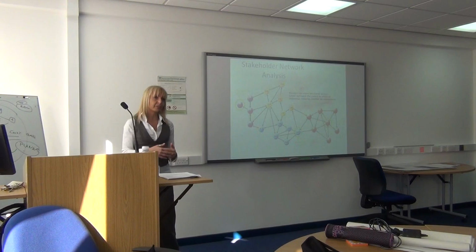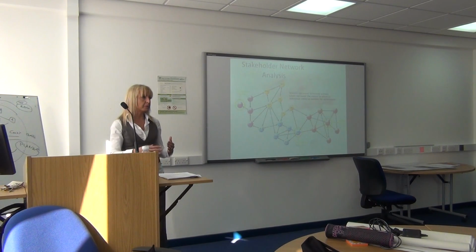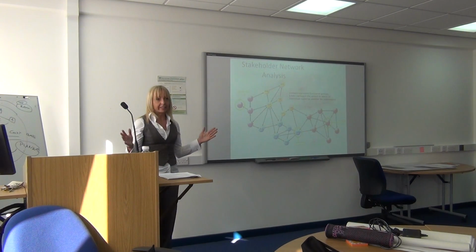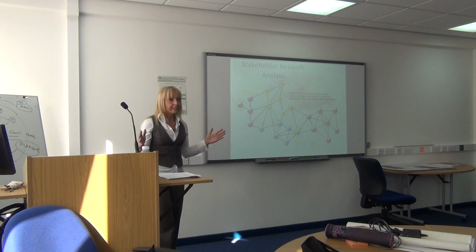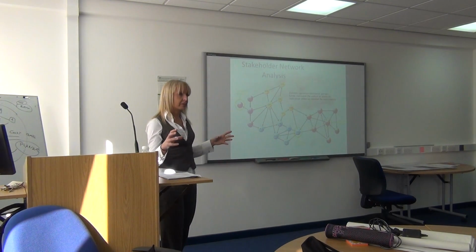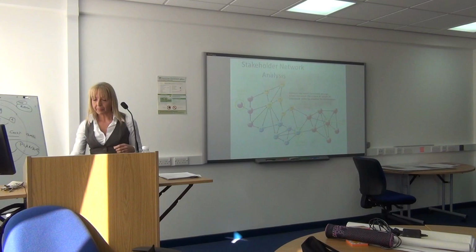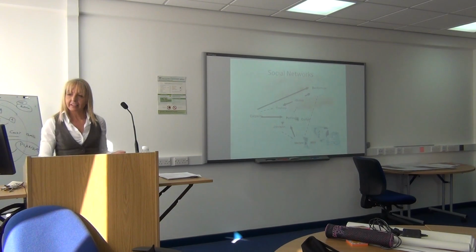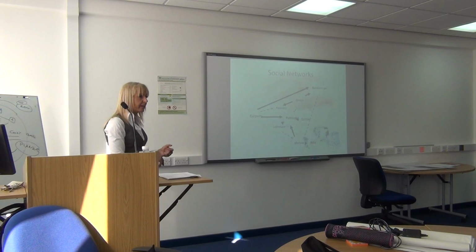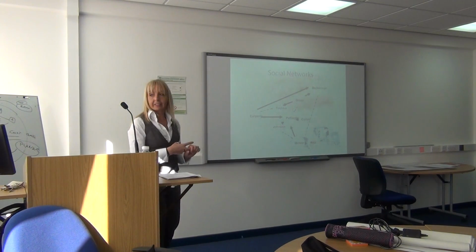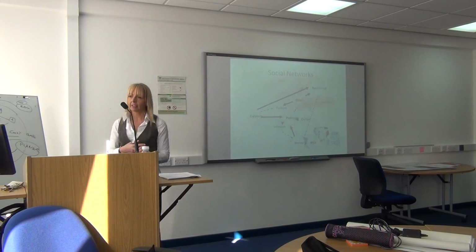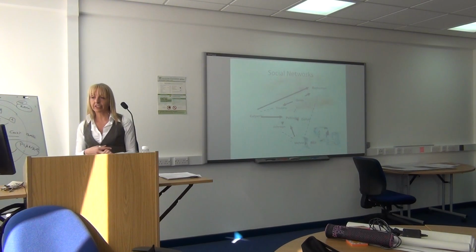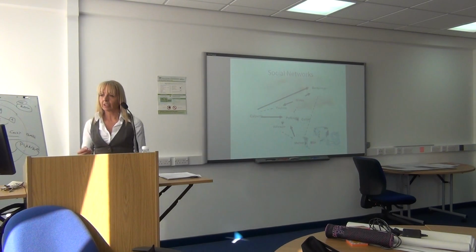And boundary spanners are also important because they're the people who will go across, as the very nature of the word, boundaries to influence two different functional sets of people. So again, the lines are determining the strength of the relationship and the connections between them, whether they be formal or informal.